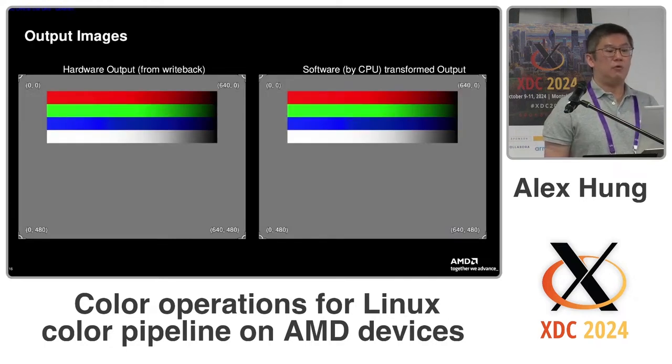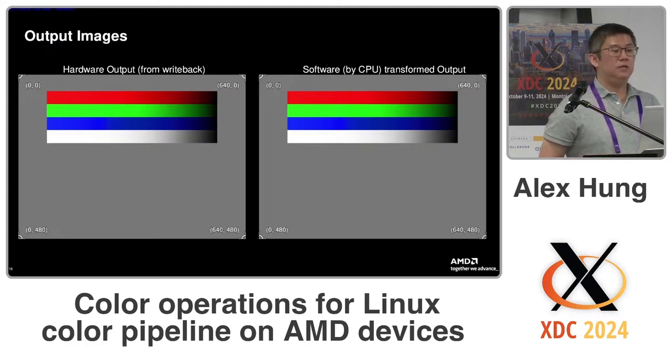One is the hardware output, which it will read back from the writeback. The second is the software output, which uses the same color transformation, but done in the CPU.